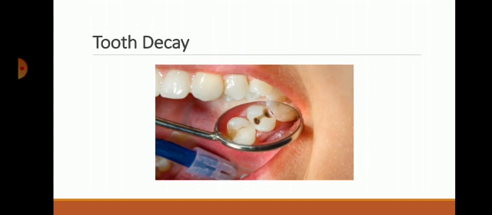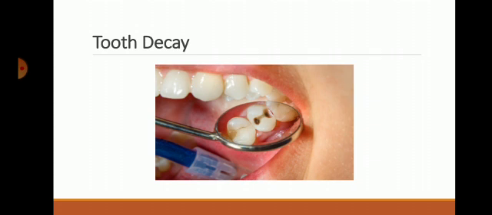Then the second one: we should clean our teeth with the help of datan or brush and toothpaste twice a day. The third one: we should use dental floss, which is a special strong thread.